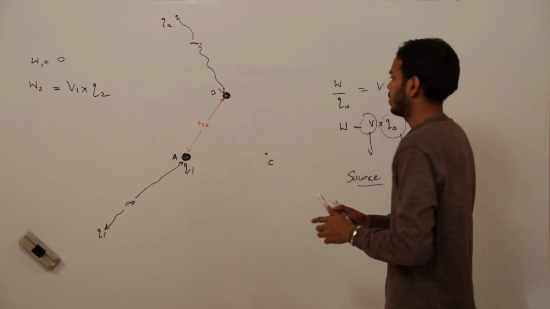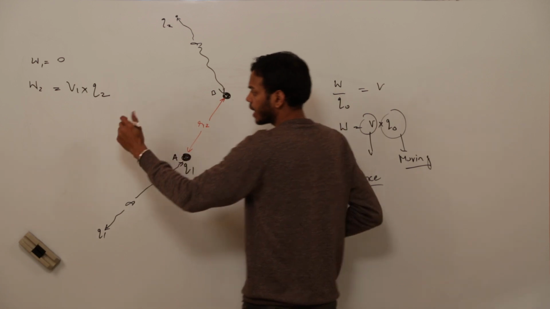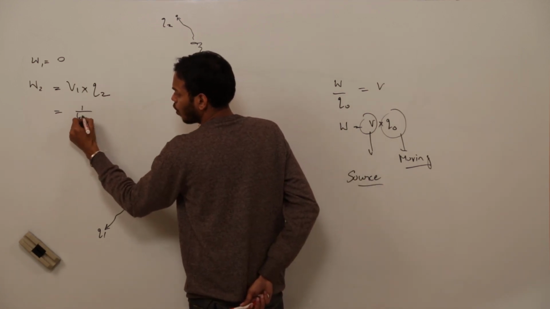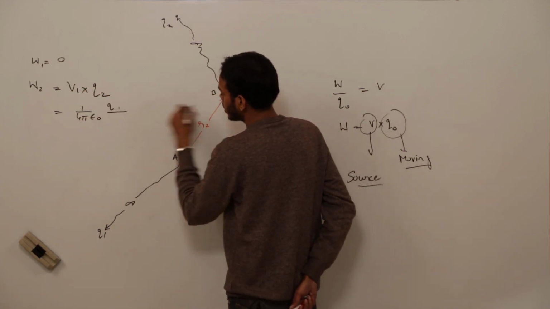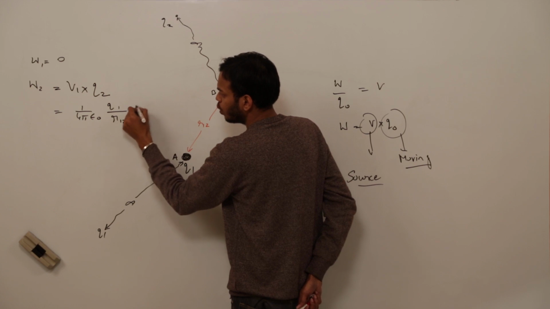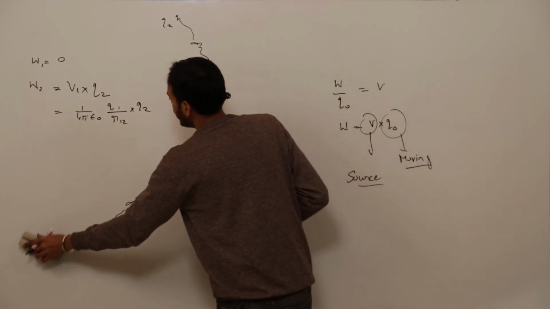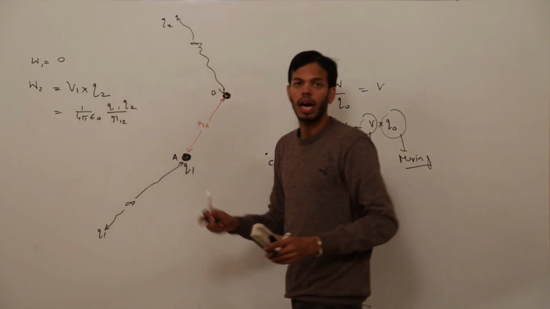You want to further elaborate it, you can write it like 1 upon 4 pi epsilon naught, V1 is due to Q1, that means Q1 upon distance R12 into Q2. Instead of writing it like this, I would rather write it like Q1 Q2 upon R12, one and the same thing.